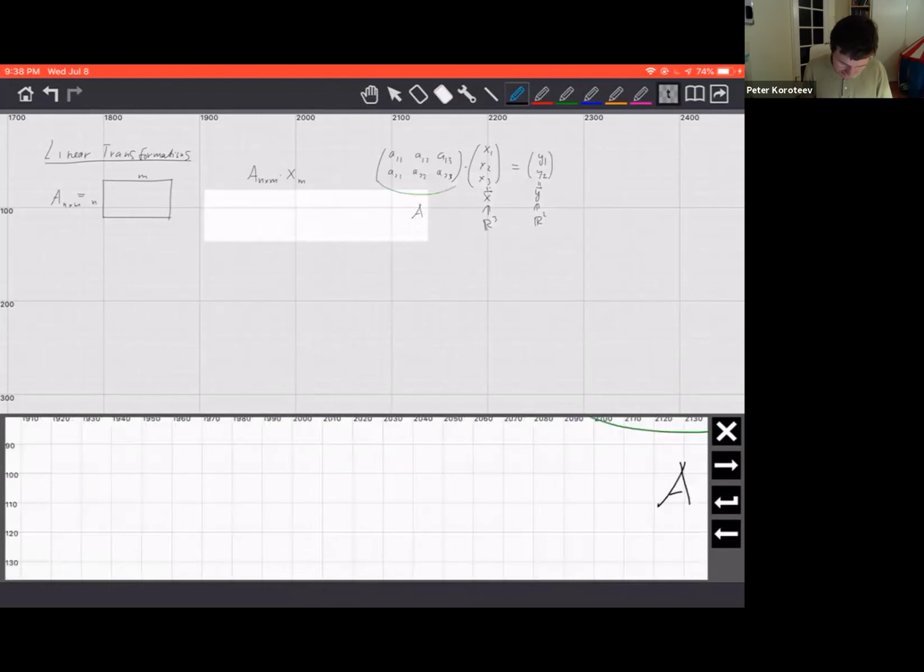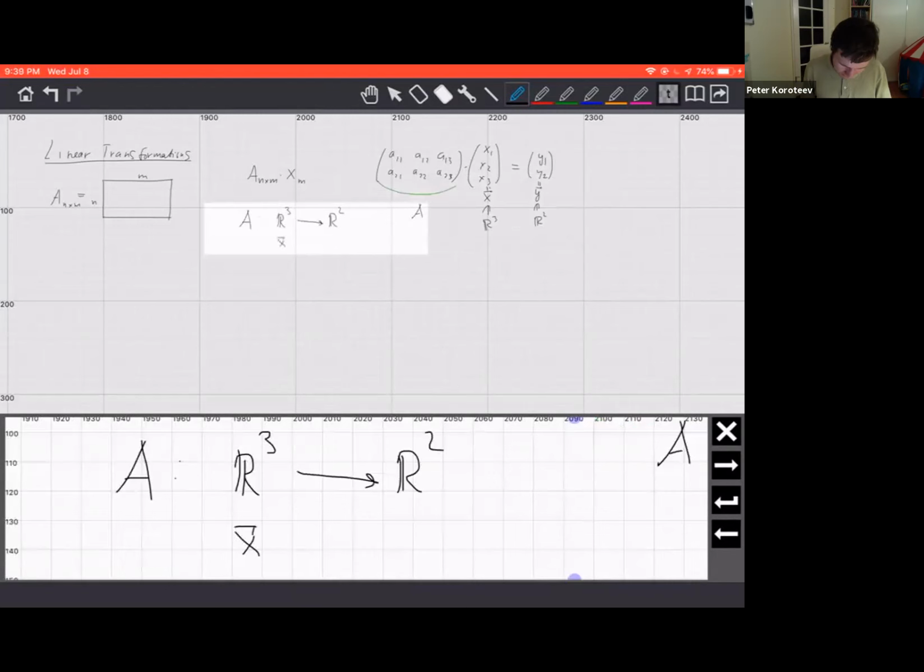Therefore, this A is an operation between three-dimensional Euclidean space and two-dimensional Euclidean space, which takes vector x with three components and maps it to vector y with two components.